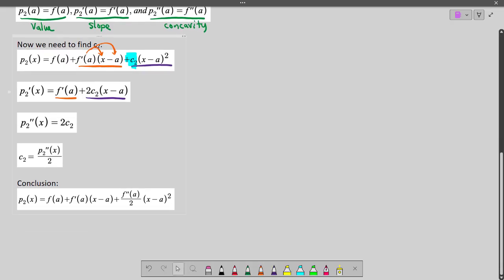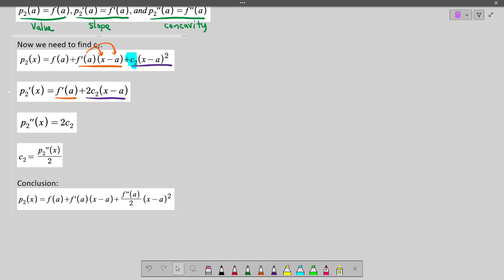Let's do it again. Let's take another derivative and get down to the second derivative, because we want the function and the polynomial to have the same second derivative. What's the derivative of f prime of a? 0, because that's just a constant.